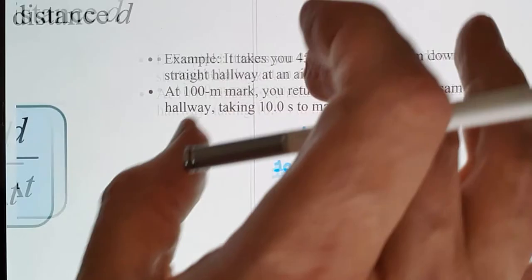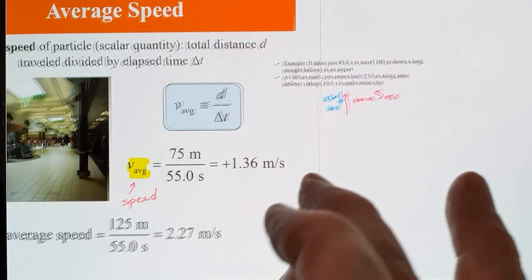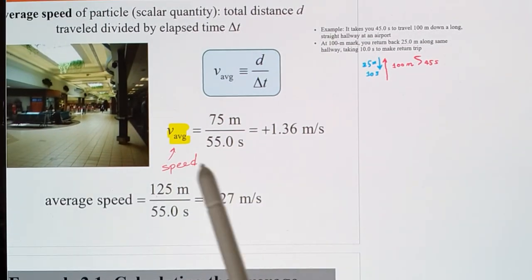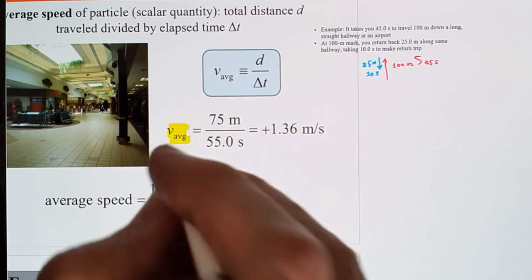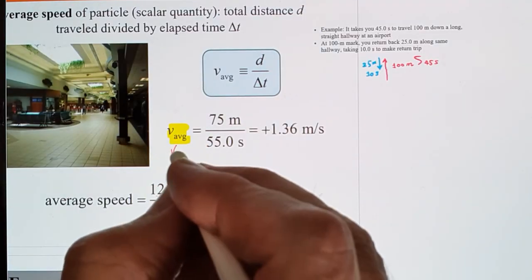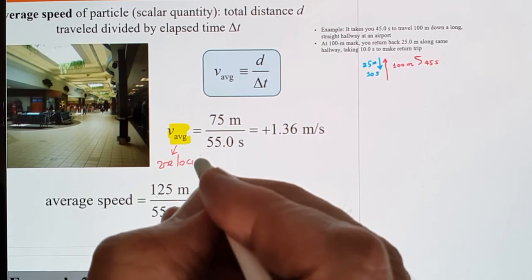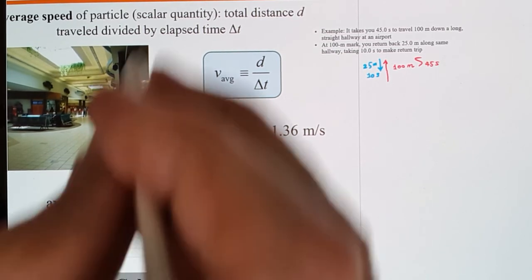Here is the question: average speed and average velocity. This is velocity, and this is speed.